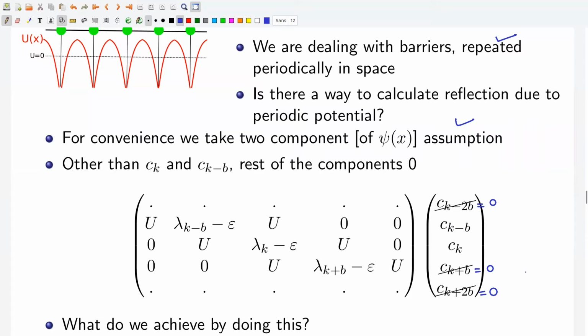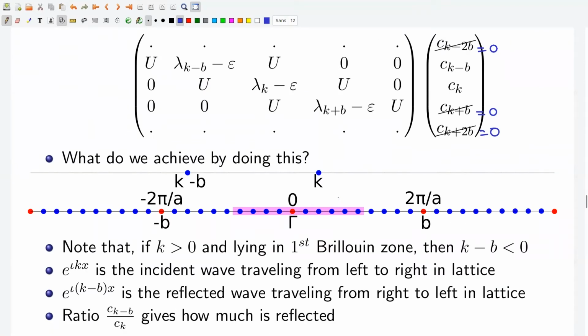Let us understand what is the purpose of doing so. Note that if we select some k point greater than 0 and lying in the first Brillouin zone, for example, this point. In that case, k minus b is less than 0.